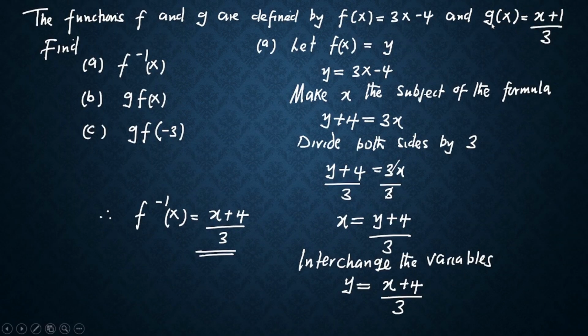As we can see, the function for g is g of x equal to (x plus 1) over 3. Here, where there is x, that's where we place the function for f, which is 3x minus 4.